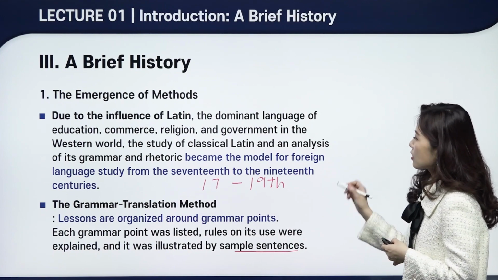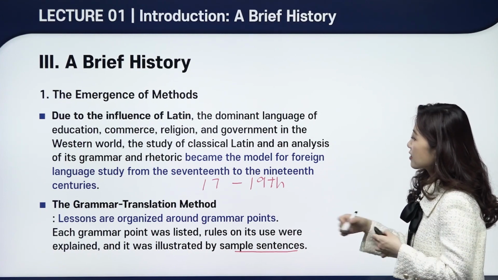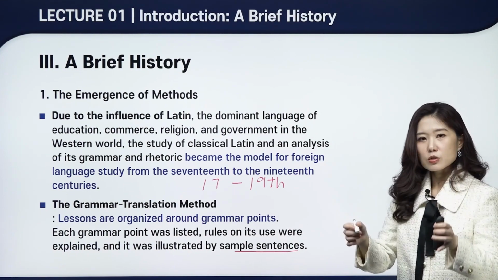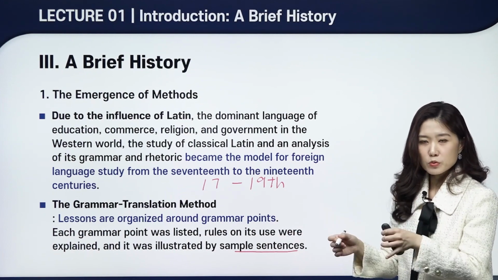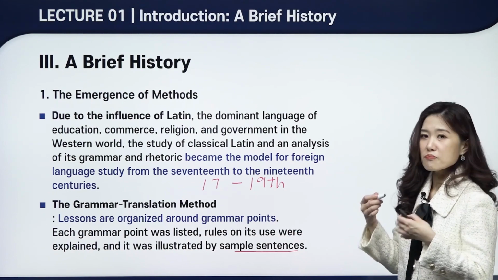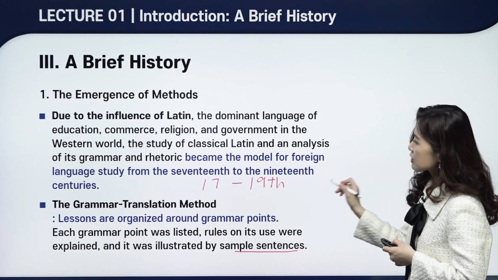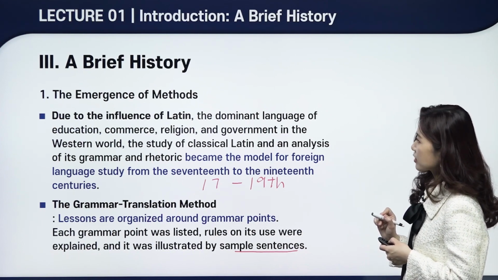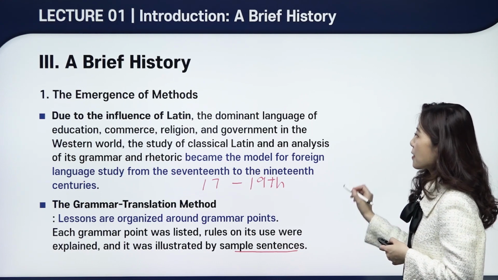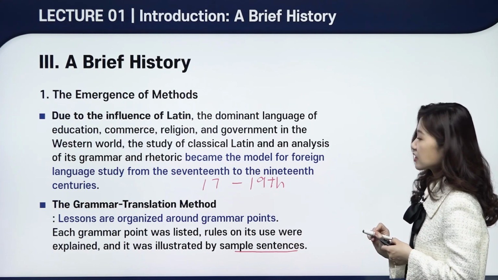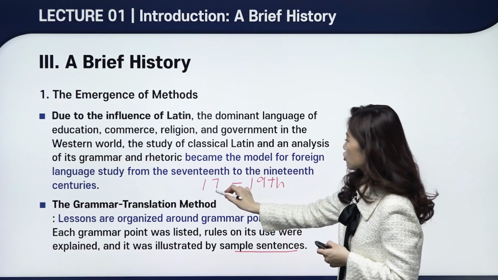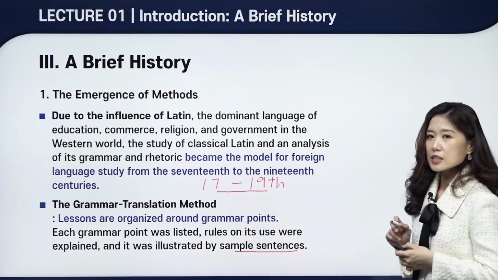You provide a list of grammatical rules with examples, and the student has to memorize these rules. This method was heavily influenced by how Latin was taught in the Western world, especially during this period, 17th to 19th centuries.